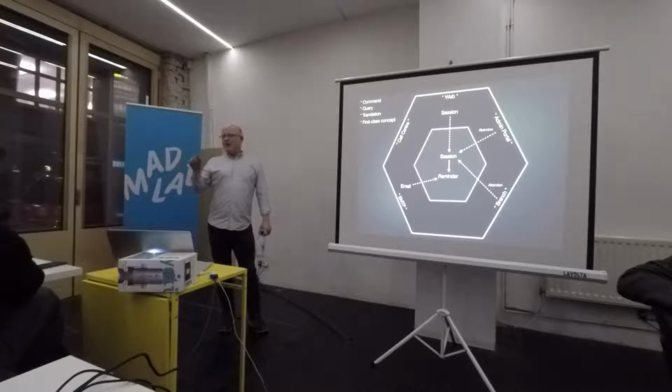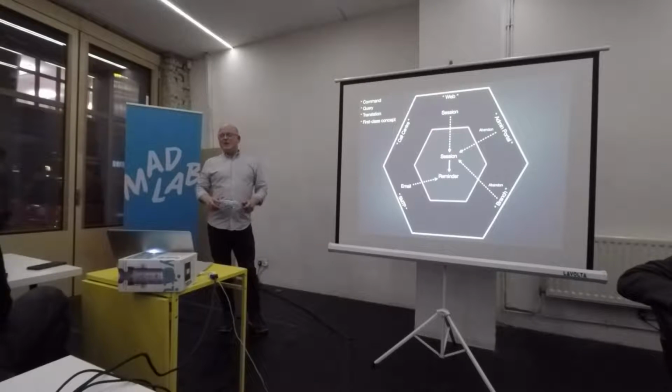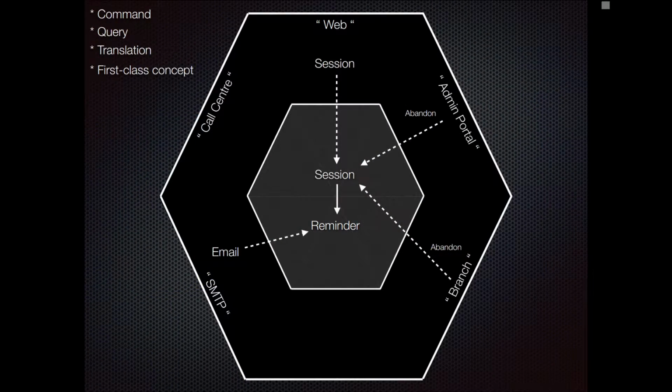So the example in the code that you can see there is imposing a bounded context on you. That means you can't do some of the things that you would normally like to do in terms of object-oriented style.